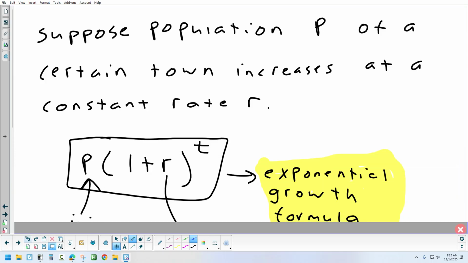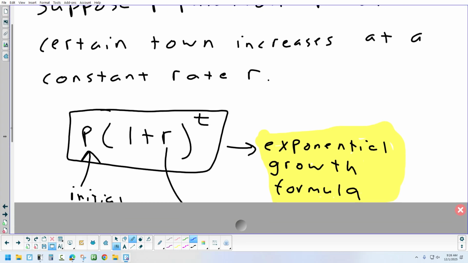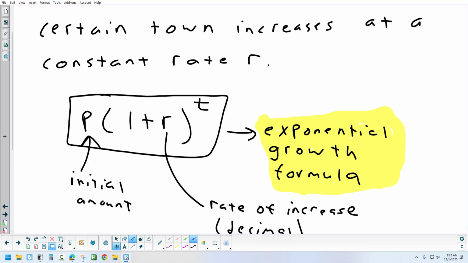So we're going to look at a formula for exponential growth. This is a formula that describes a population of a town that's increasing at a rate of r. There are 3 variables in it. The first variable is p.